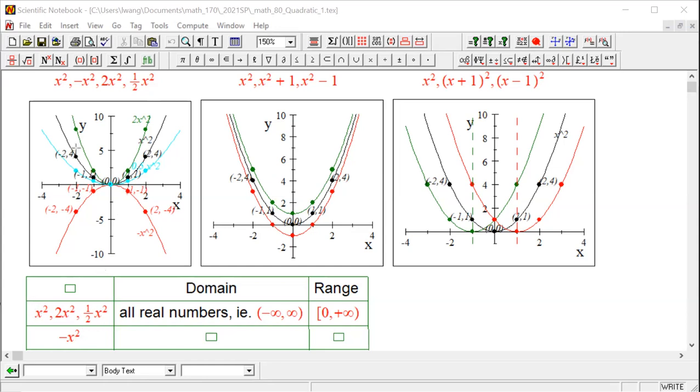The range of x squared, 2x squared, and half x squared will be the same. Their lowest point is 0, 0, and the highest point goes to infinity.